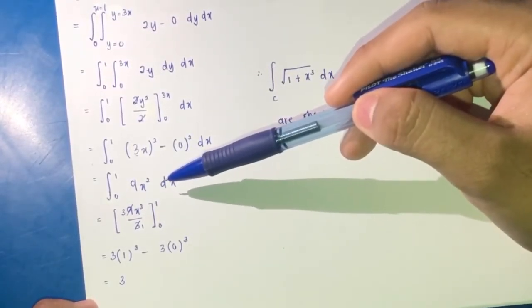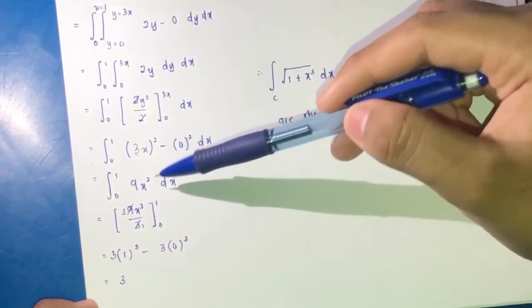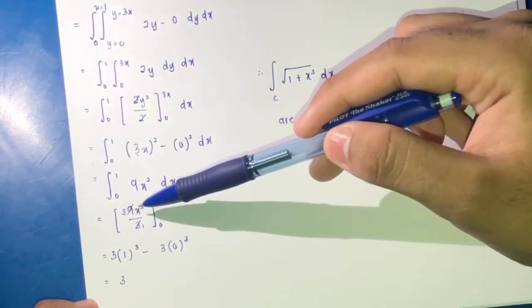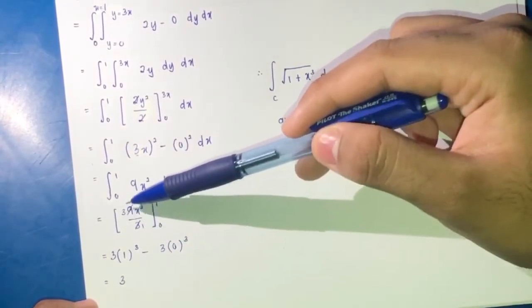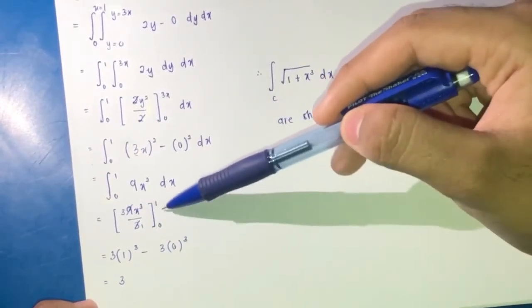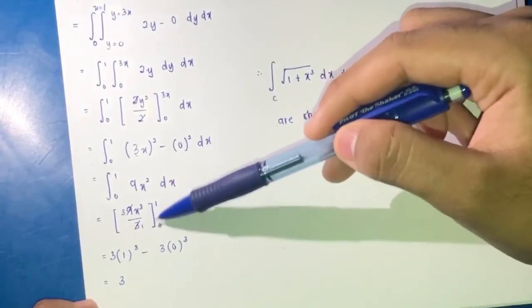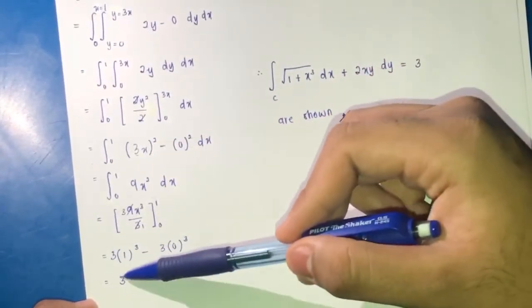Now, also using basic integration, we integrate this one and get 9x cubed over 3. We cancel out 3, and we are left with 3x cubed. Now we put in the dx values, which is 0 to 1, and we get the answer 3.